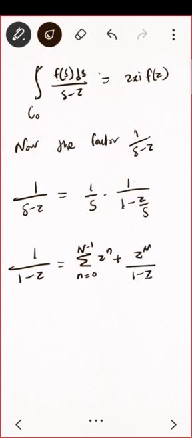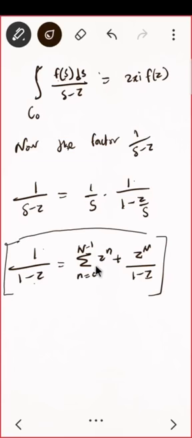Correct? Actually this is equal to this minus this subtraction, but I'm writing 1 upon 1 minus z, so I am writing like this. So to write this thing, I am not using Taylor expansion. You must understand this.